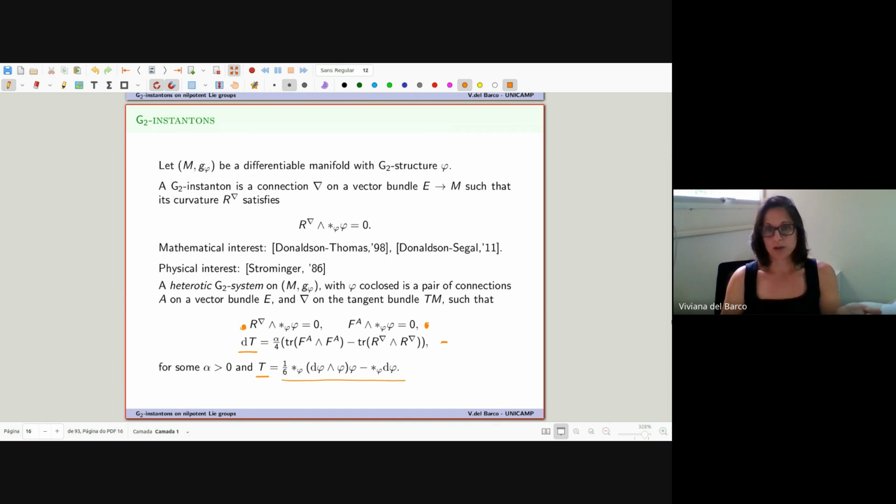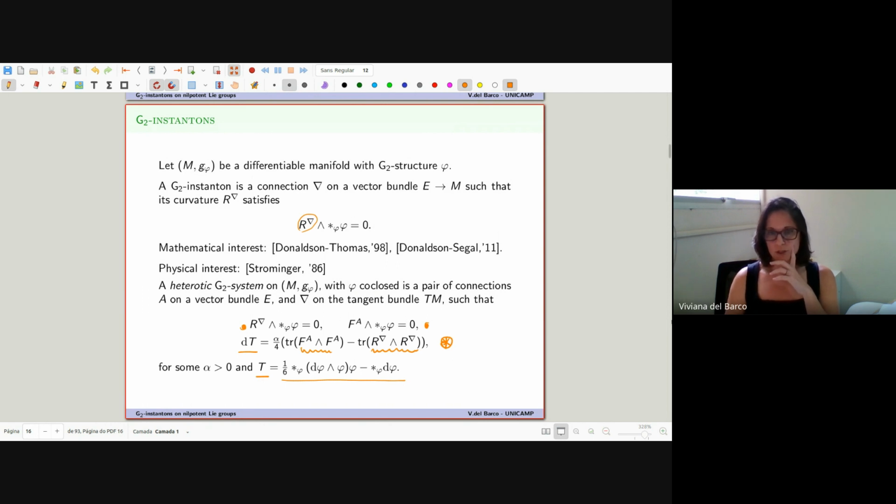As you can see, of course, G2 instantons are the basis of solutions of a heterotic G2 system. Actually, you need two instantons and this equation to be satisfied. Let me say that here what we are doing is, as I said, R lambda can be considered as a matrix of two forms.